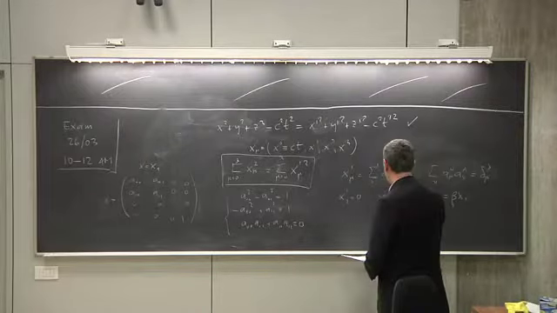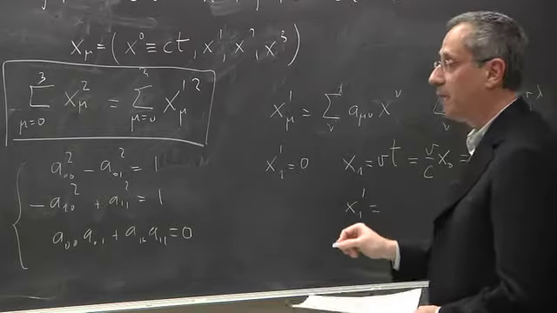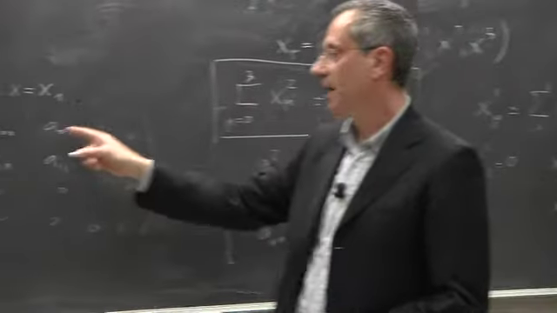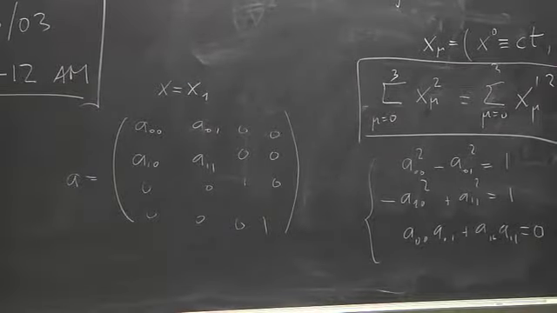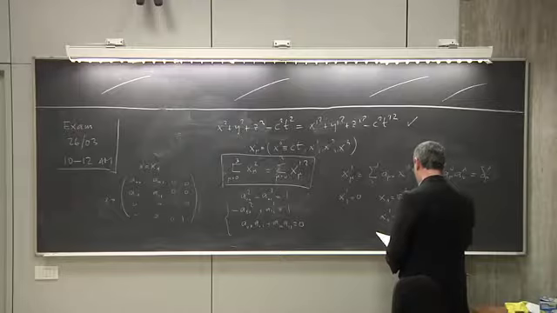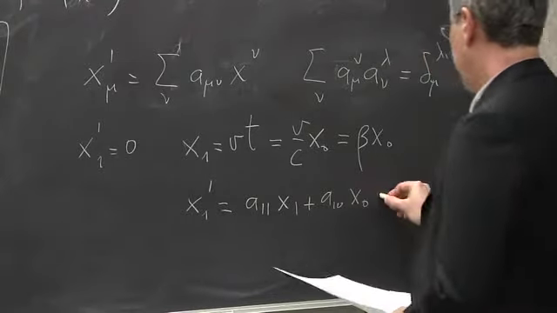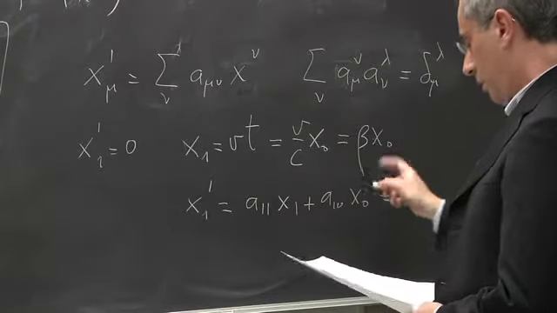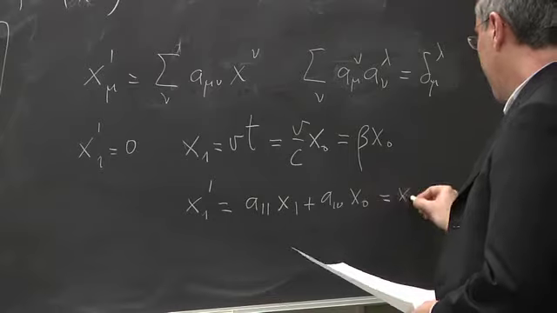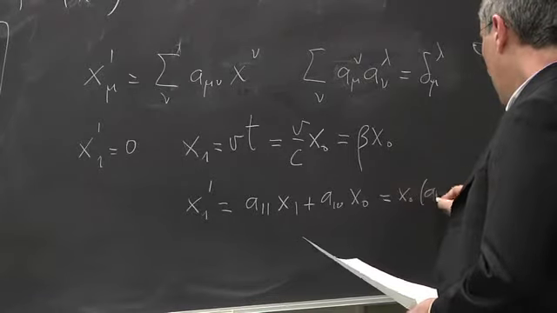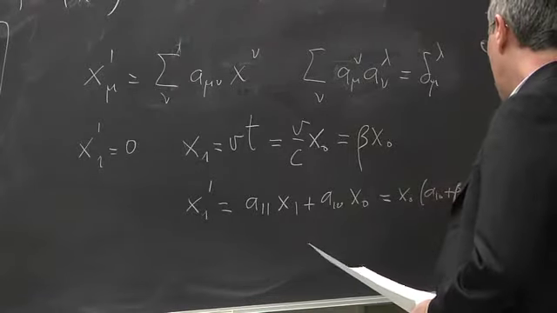So what is x1 prime? x1 prime, I read it off from here. x1 prime is a11 x1 plus a10 x naught. So then by using this, you see this is x naught times (a10 plus beta a11).